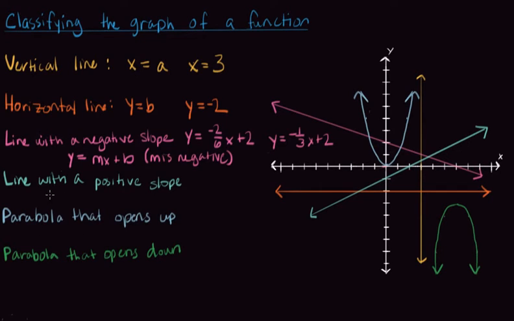So lines with a positive slope, I'm not sure why those are in that order, seems a little silly, but a line with a positive slope is a line that goes up as you go from left to right, and those should be of the form y equals mx plus b, where m is positive.